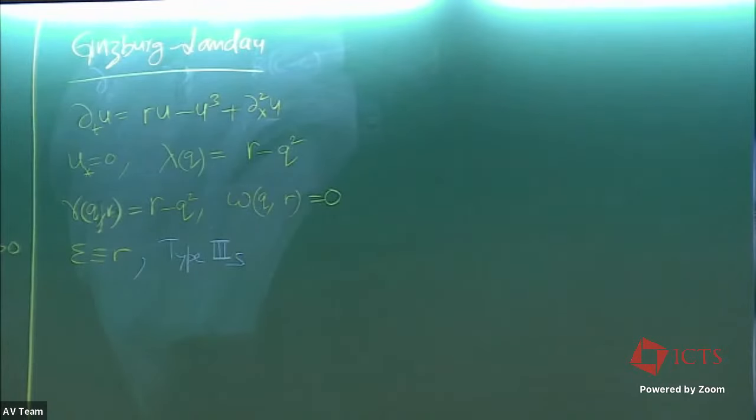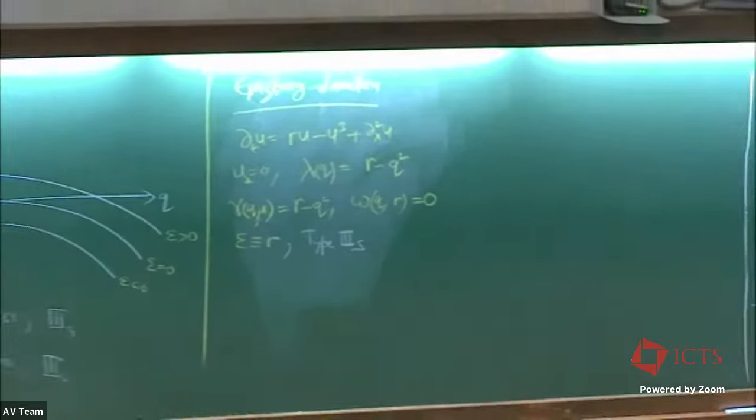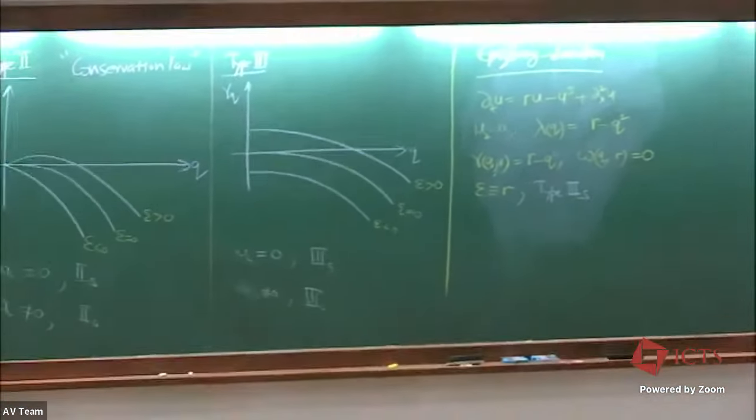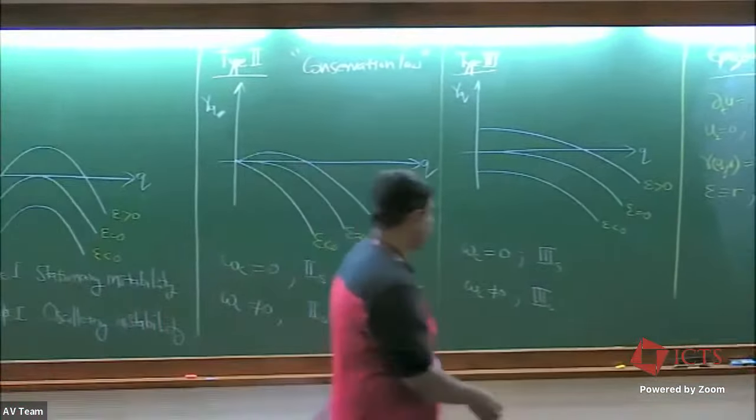So today I want to set up the Swift-Hohenberg system and do a simple linear stability analysis for that. It's quite easy to do. I don't know what to erase now; I want to retain these three types. Okay, I'll try to set it up there itself.